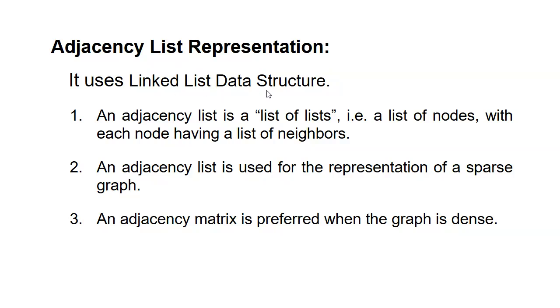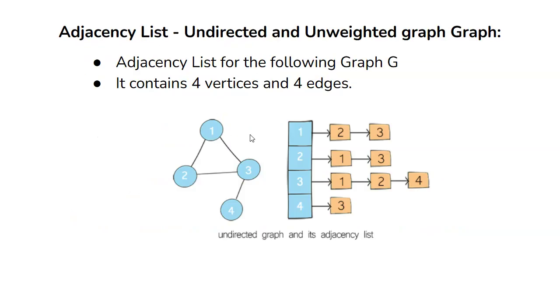As given in the following example, a graph containing four vertices, which are stored in a list, and the adjacent nodes, which are connected to the main vertex, are stored in another list. This is known as adjacency list representation.